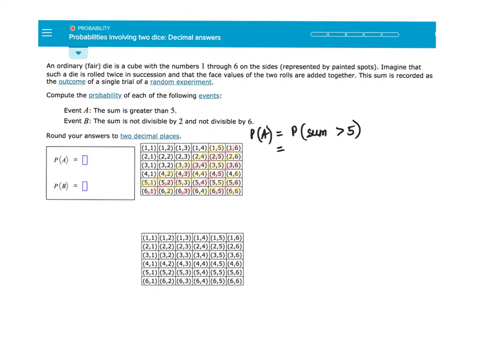How many outcomes are there altogether? Using this table, it's pretty easy to compute.